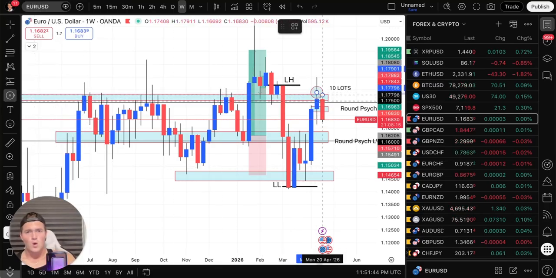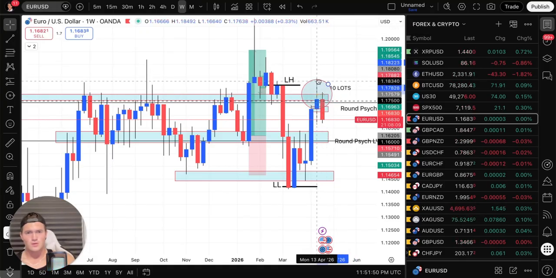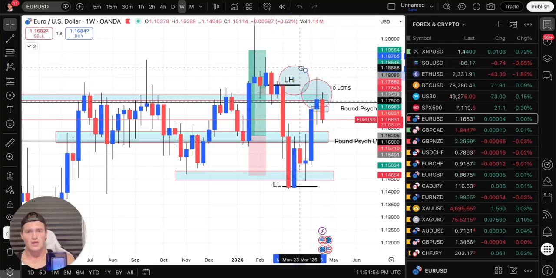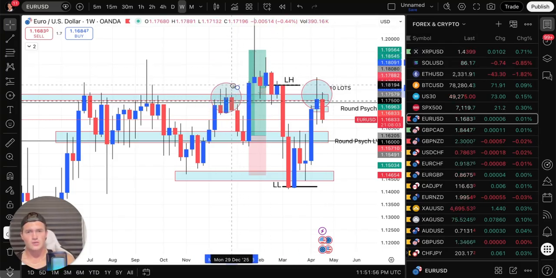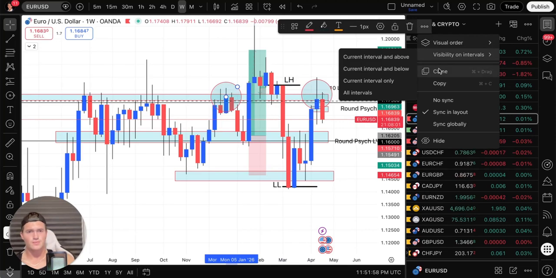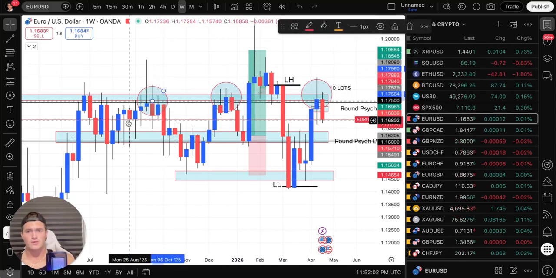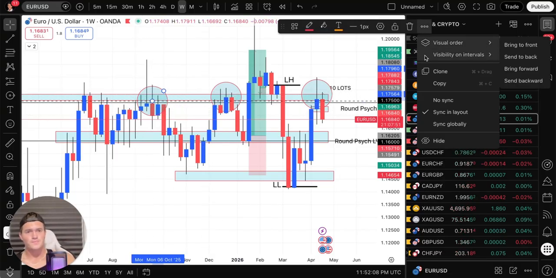We've got one touch here. Clone it. We've got 2 touches here. 3 touches here. Touched a few times. So lots and lots of rejection from this area.